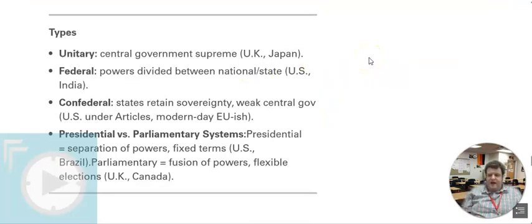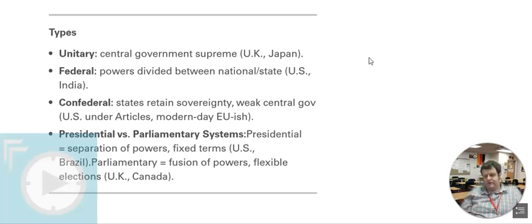Now, when it comes to how these governments interact with their different levels, like who has more power, who decides what, we have several different breakups for that. You have the unitary, where the central government is supreme. Good examples of this are the United Kingdom and Japan. They do have local governments, but the central government, whether it's located in London or Tokyo, holds the most authority and their rule comes first.